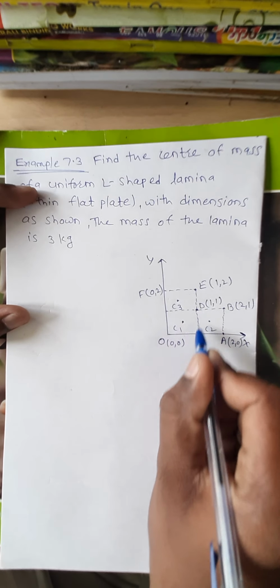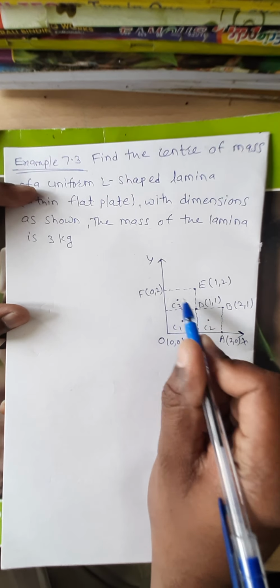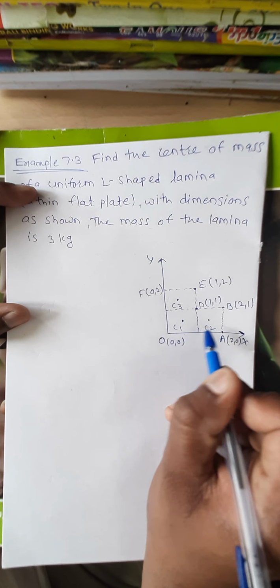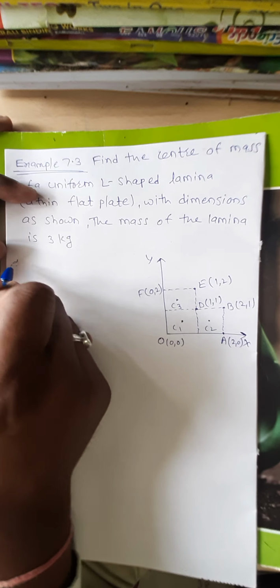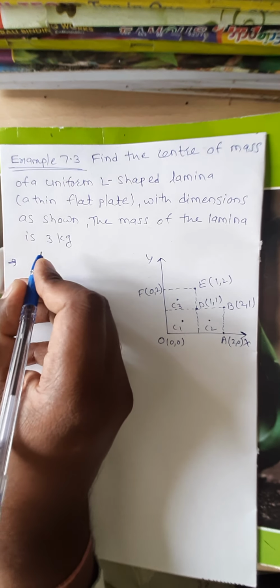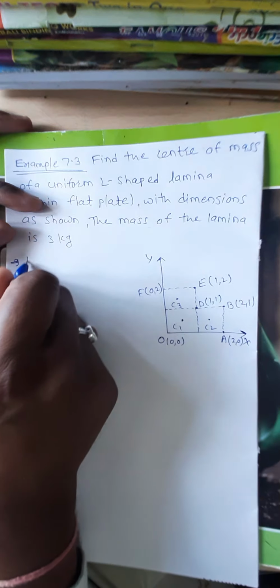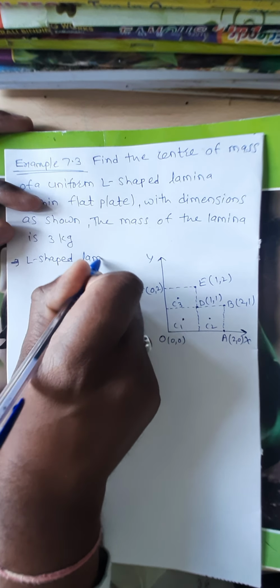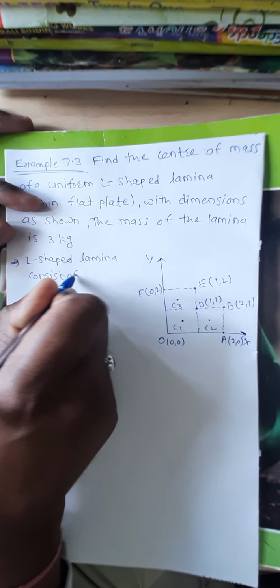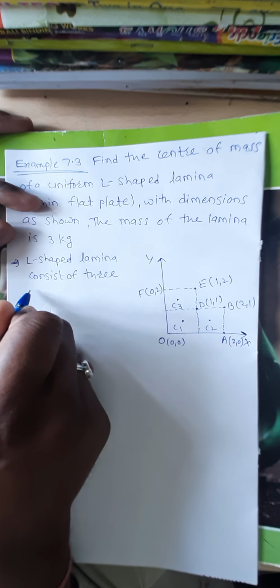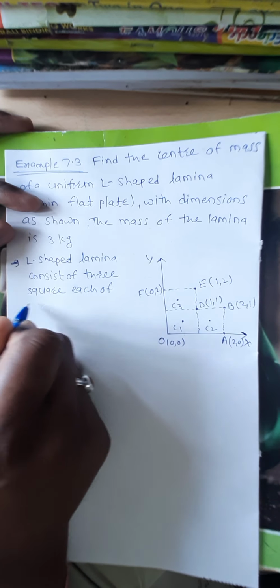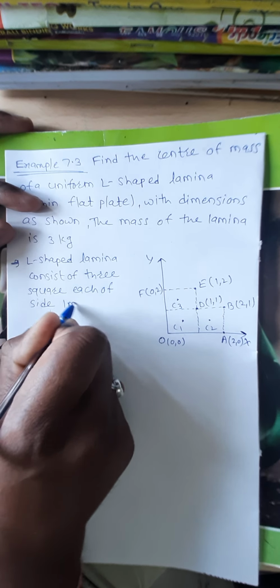Now, see here, from our observation the L-shaped lamina consists of 3 squares: one square, second square, third square. The L-shaped lamina consists of 3 squares, each of side 1 meter.